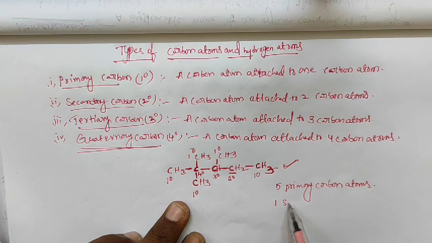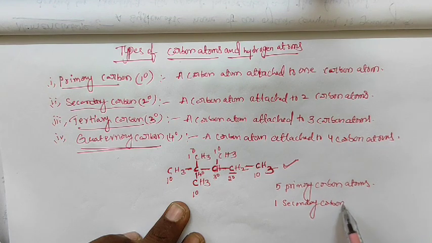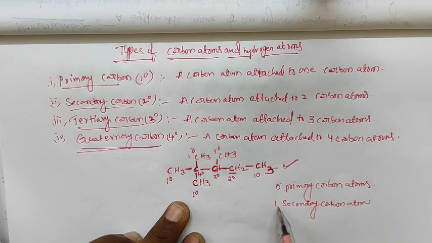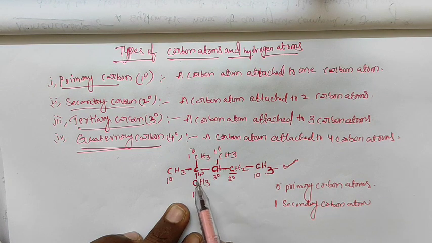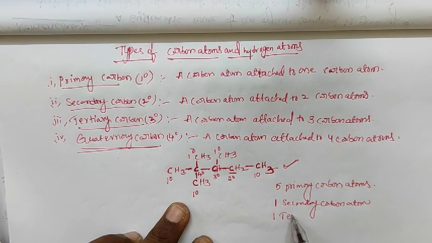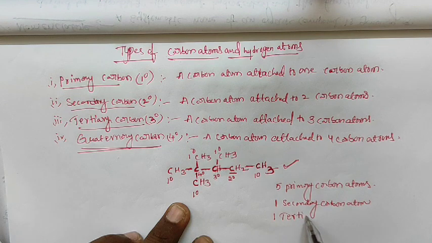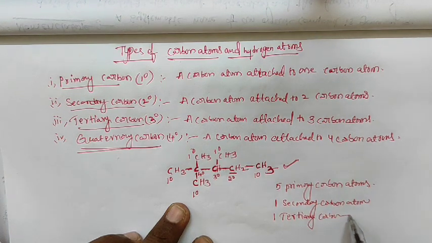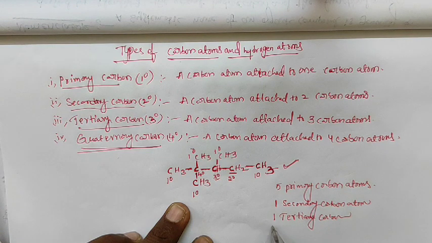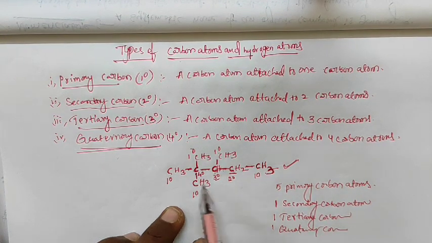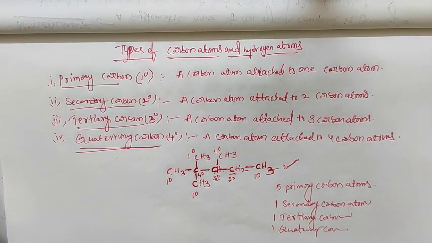Only one secondary carbon atom is there. Now tertiary carbon atoms: one tertiary carbon atom is there, that is this one. Quaternary carbon atom: also one quaternary carbon atom is there.